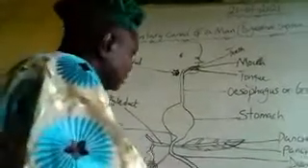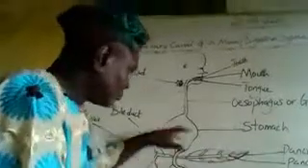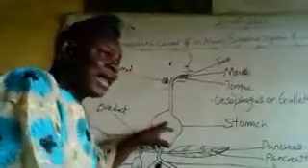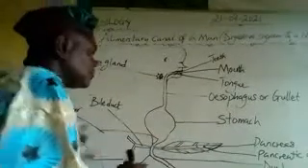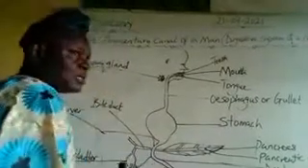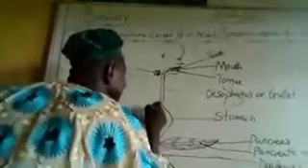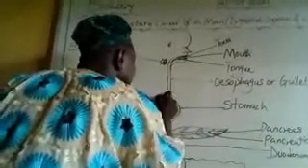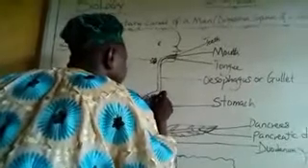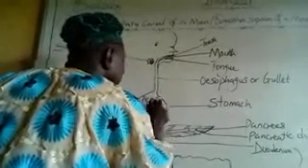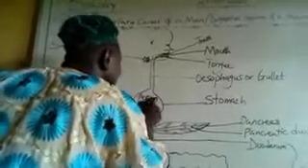In the stomach, the gastric gland secretes enzymes like pepsin and renin.